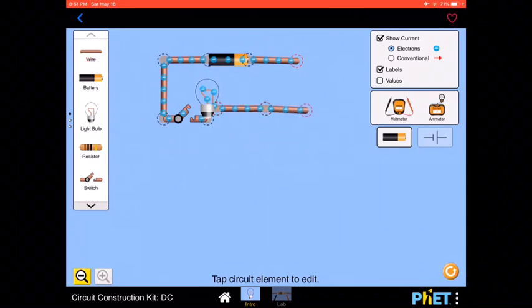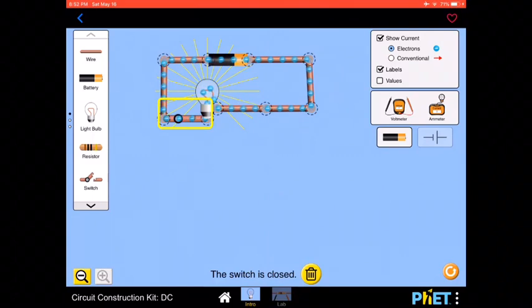So I've got a battery, a bulb, and a switch. Now let's say I close this particular switch, and then we have current flowing through the circuit.